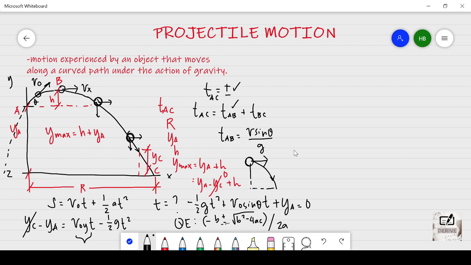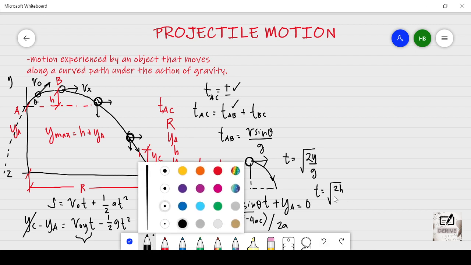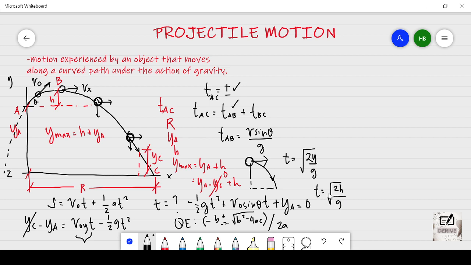So, that will be T is equal to square root of 2y over G. And in this scenario, okay, our time here is 2h. Kasi nag-label ako ng h kanina doon. So, wag malilito. Basta tingin lang sa drawing, of course. Yan. So, you have your T, B, C. And ayun, just add it.